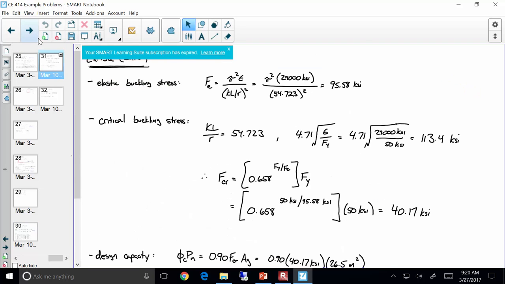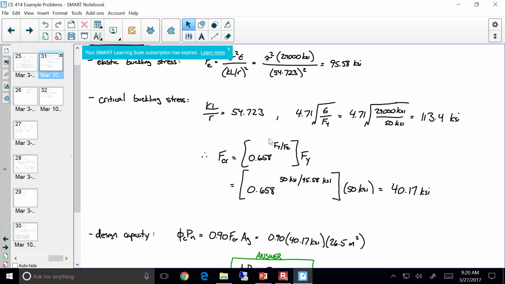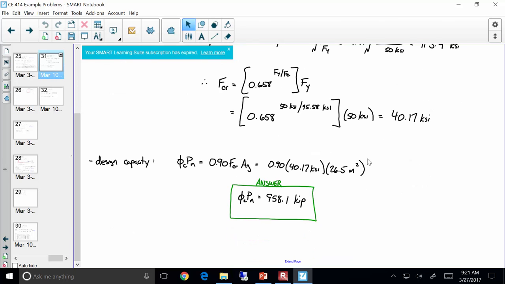Then we said, all right, let's take that, go through that rote process of computing our elastic buckling stress, our critical buckling stress, and then the design capacity. Right? Remember, this is the push mower, right? This is the one that takes a little bit of work, but it will handle anything that you throw at it. Okay, so we have a design capacity, and it came out to be like what, 958 kips.